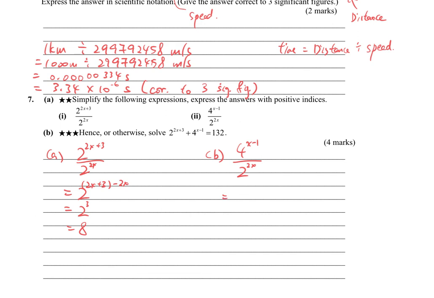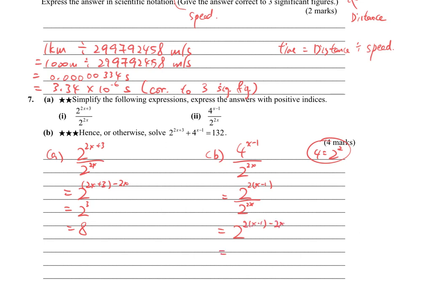First of all we will change the 4 to the power of 2. We know that 4 equals 2 to the power 2. So just put it inside. Now both the numerator and denominator have the base 2, and then we can just do the subtraction of the index.